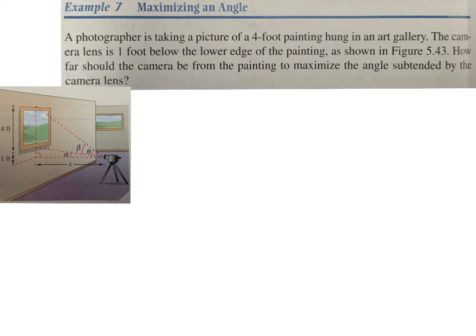So here's what we have set up. This angle equals this angle minus that angle. Really, beta equals theta minus alpha. We'll just do that, all Greek letters, just for fun.